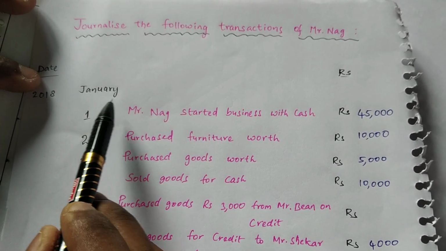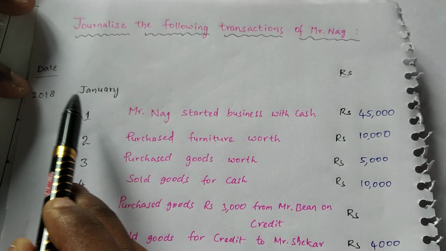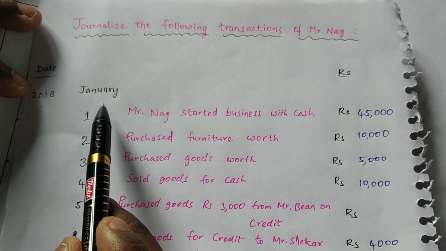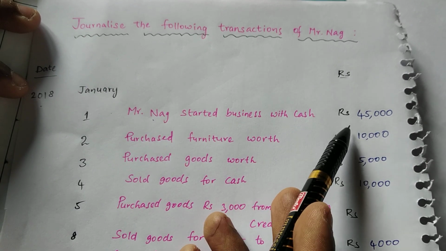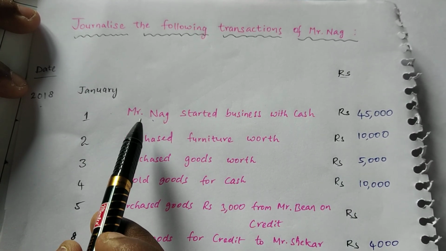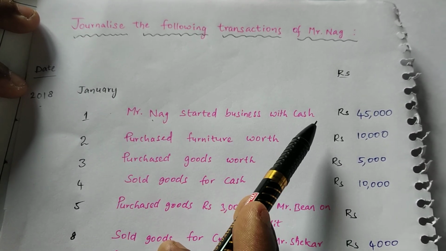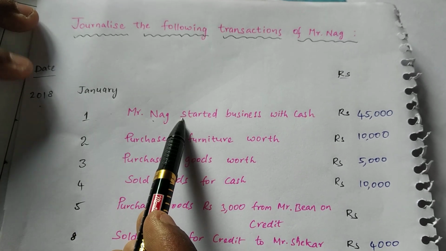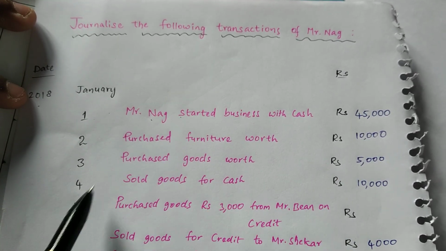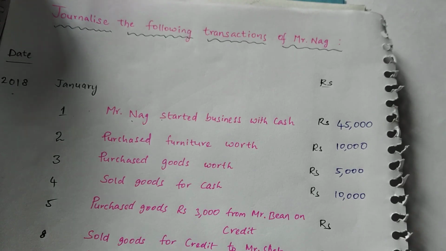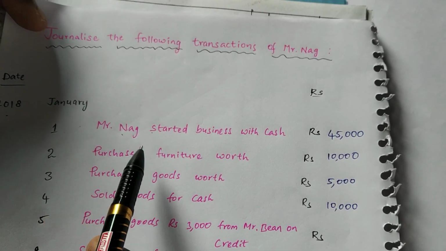As we earlier learned, a journal is a step by step, date wise record of the transaction with the specific amount of the transaction. I hope you all understood. So we have to pass the journal entries with the date, the transaction and the amount. Let us go through these transactions.